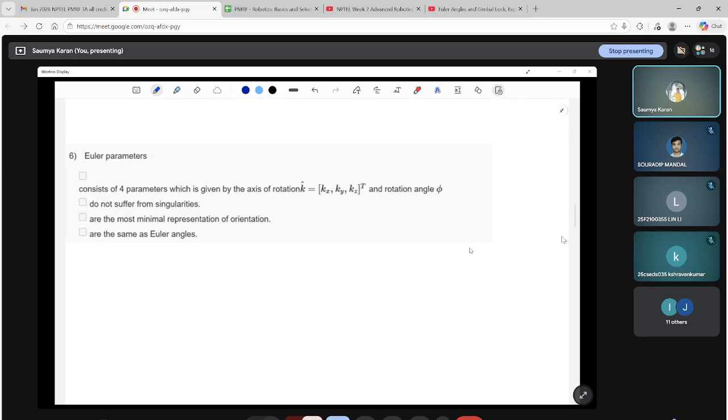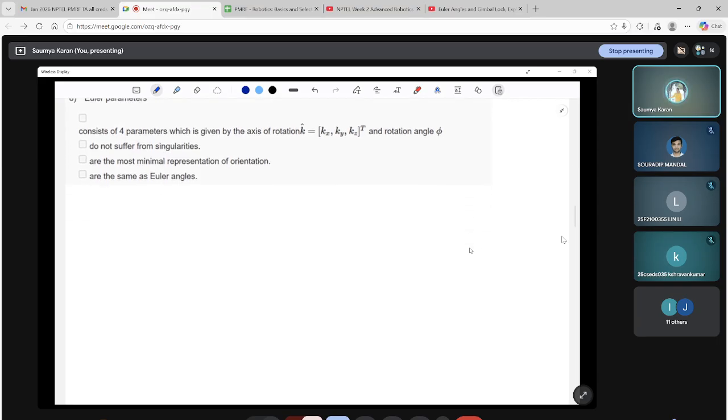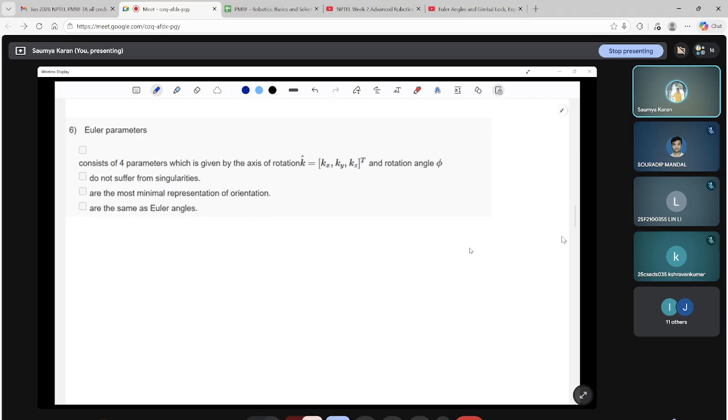In this question, Euler parameters, which I said are the quaternion, what does it consist of? What is the correct answer for this? Can anyone tell me?